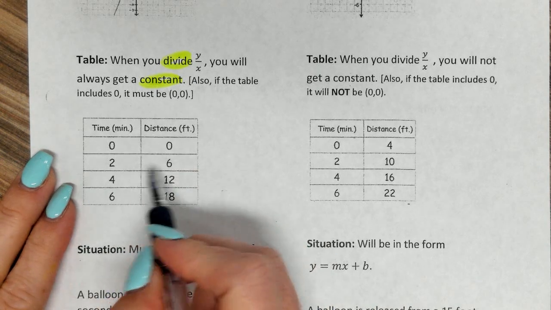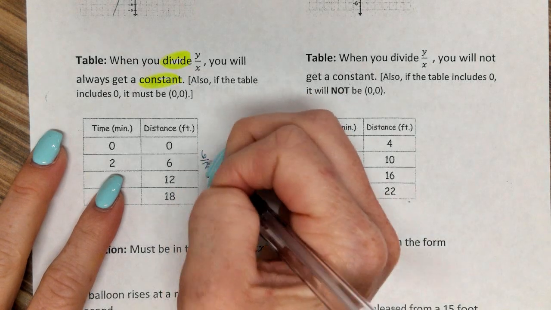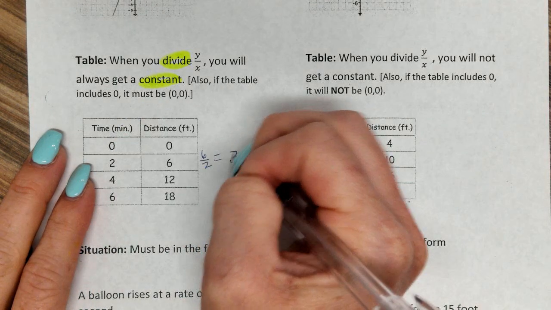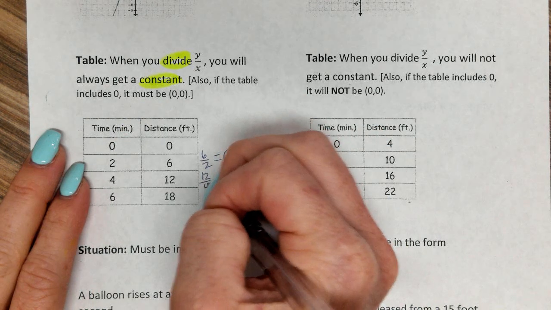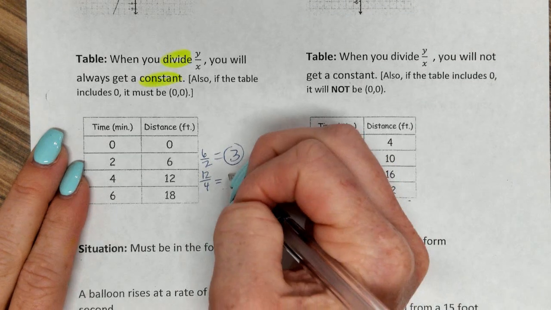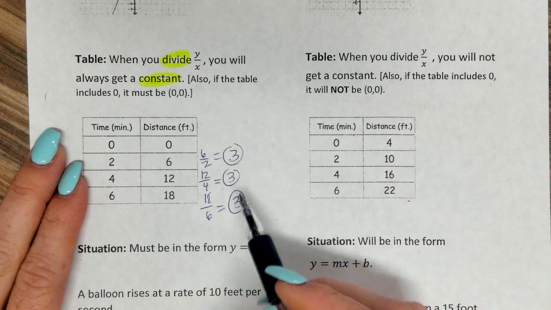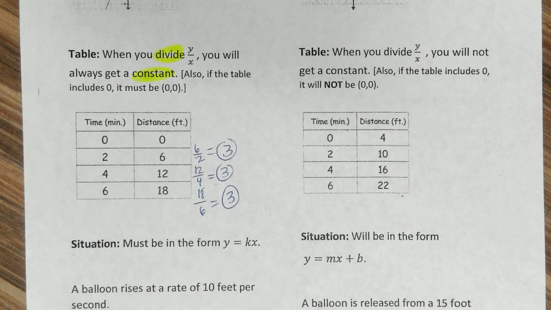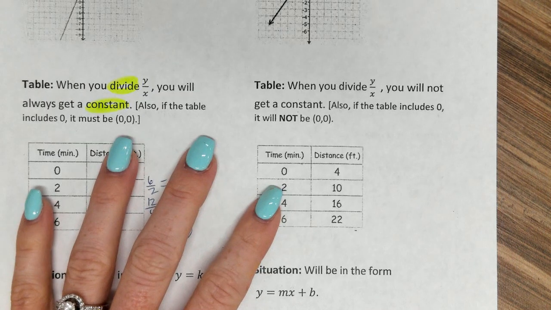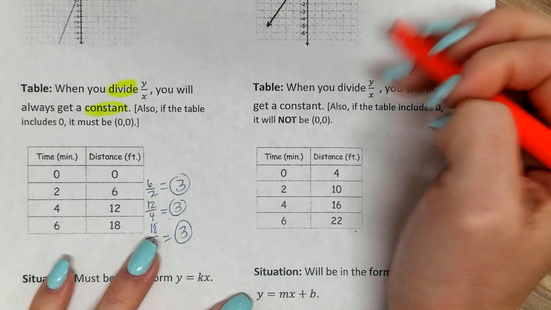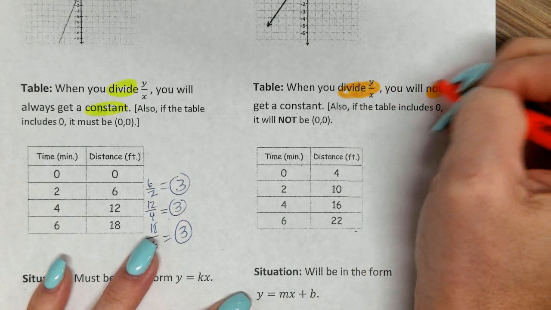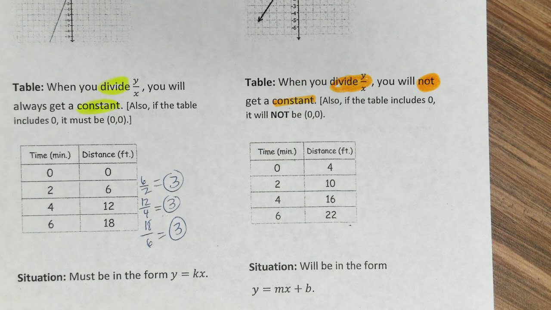So everybody look at this table. 6 divided by 2, y divided by x, is 3. 12 divided by 4 is also 3, and 18 divided by 6 is also 3. That is how I know a table is proportional. When I divide, I will get a constant. On the other hand, to be non-proportional, when I divide, I will not get a constant.